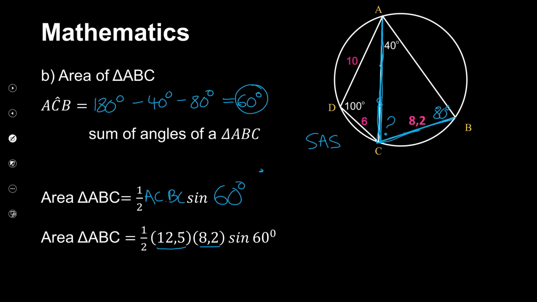All that's left to do is put this into our calculator, which is pretty straightforward, and look at the answer. And remember, it's units squared. So our answer is 44.4 units squared. And that's the value for the area of our triangle ABC.